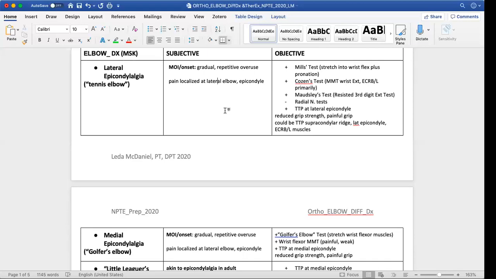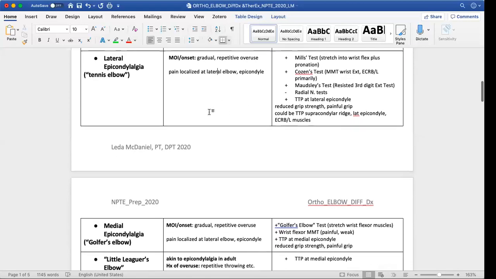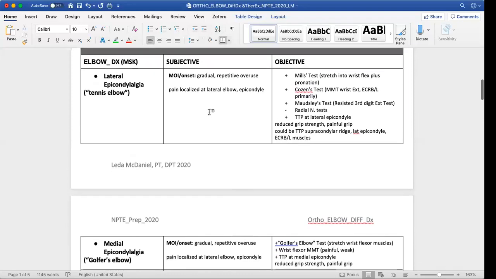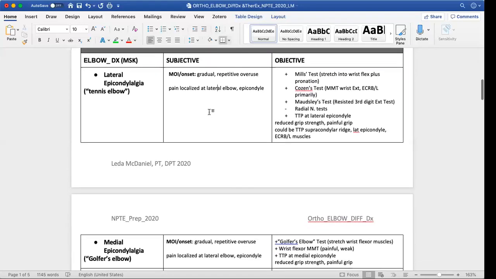However, you could have a patient who has both of these things going on, so just keep that in mind. But for a single simple diagnosis of epicondylalgia, you're not going to have a positive radial nerve provocation test. They're going to be tender at that lateral epicondyle.